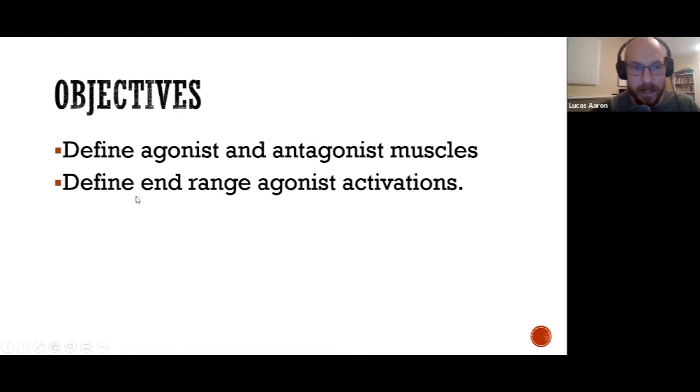There's a lot more to it and different exercises than the bicep curl, but we will then look to define end range agonist activations, their purpose, the why, what they can do to help us, and why we are terming it this way, and just dive a little bit deeper into the whys behind it.